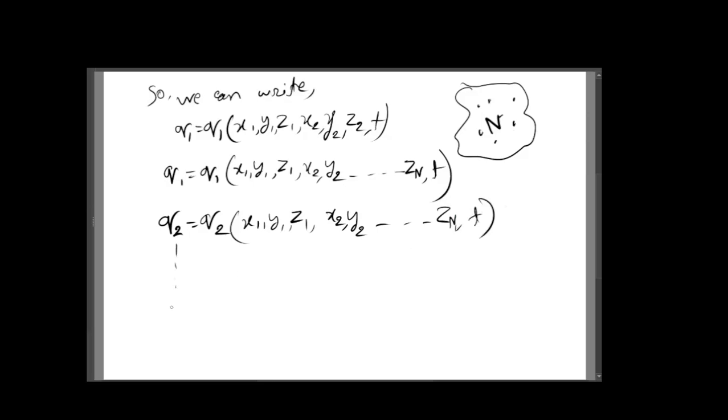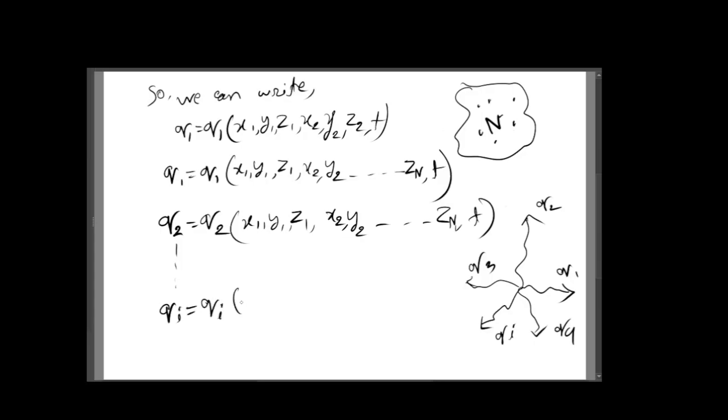And if we consider that our generalized coordinate system contains i number of dimensions, q1, q2, q3, dot dot, qi, then we can say the ith dimension of the generalized coordinate system can be written as qi is equal to qi of x1, y1, z1, x2, y2, dot dot, zn and t. These will be the components of the generalized coordinate system.